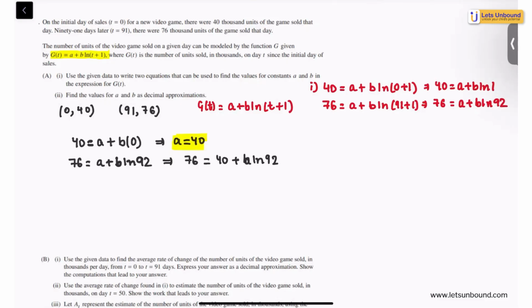Now to solve for b, we will take 40 to the other side. It will be 76 minus 40 is b ln 92. We will get b ln 92 is 36, and b is equal to 36 divided by ln 92.